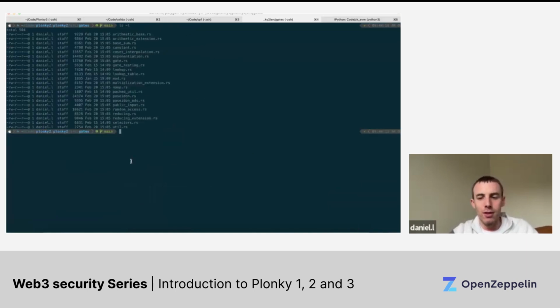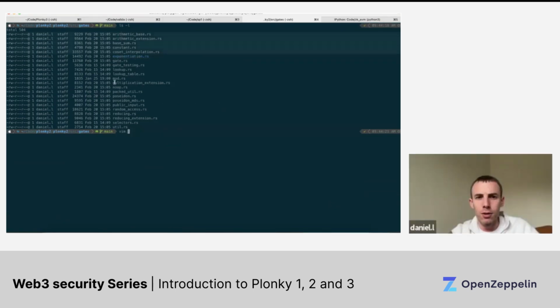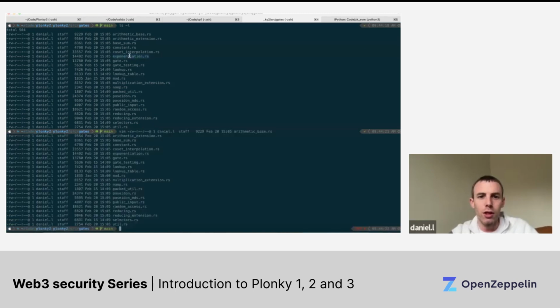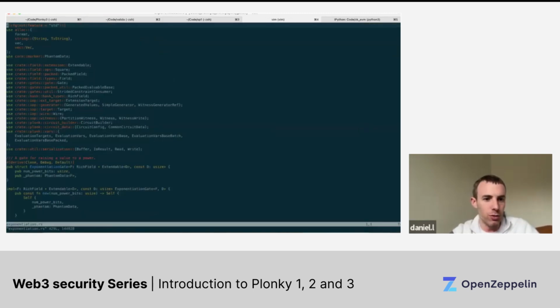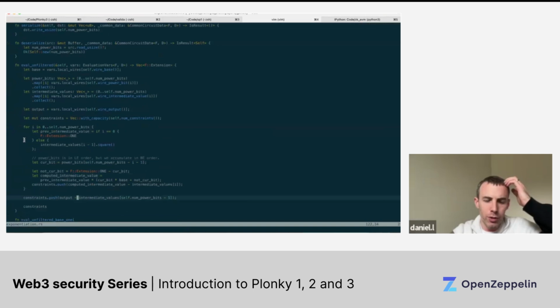So, for example, maybe I can pull up a simpler example. Can you see my terminal? Okay. Yeah, okay, great. So these are all the custom gates that are built into Plonky2. Maybe exponentiation might be one of the simpler examples. When we're defining a gate, we mainly define this function for evaluating the constraints given certain input variables.